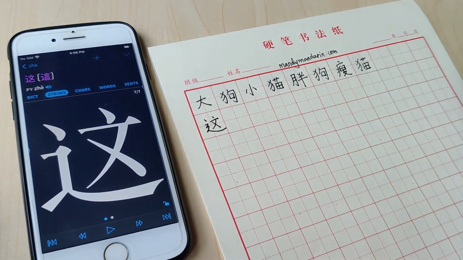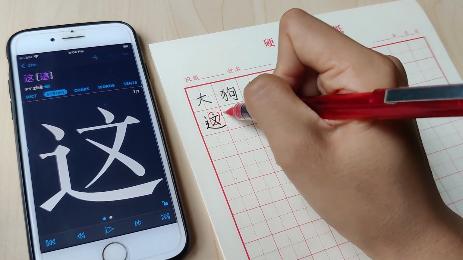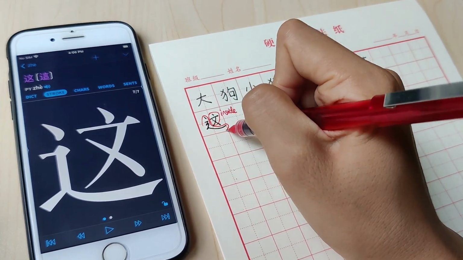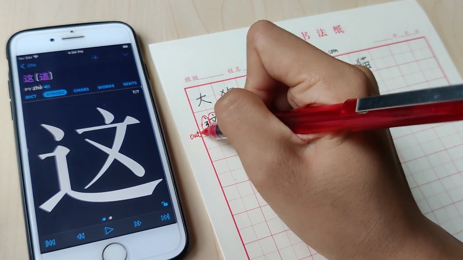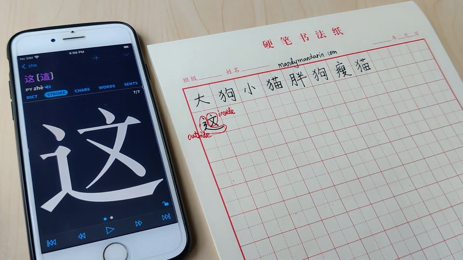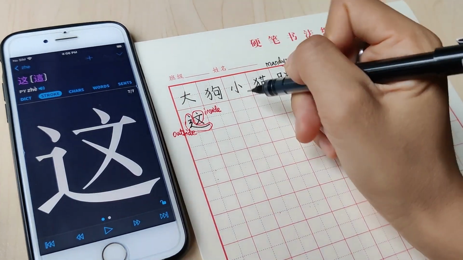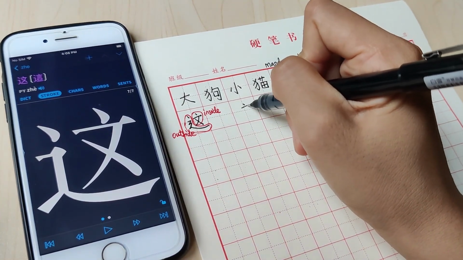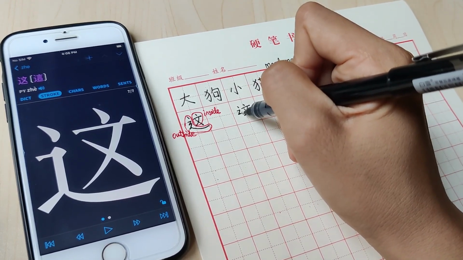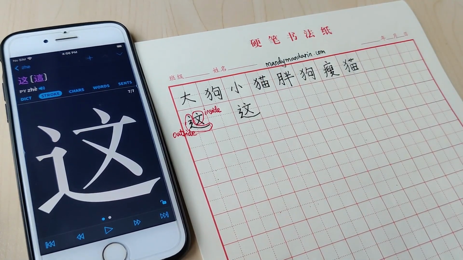这. Okay, so here is the inside, and here is the outside. Okay, so this is the 这. Let's try one more time. It goes 1, 2, 3, 4, 5, 6, 7. 这.